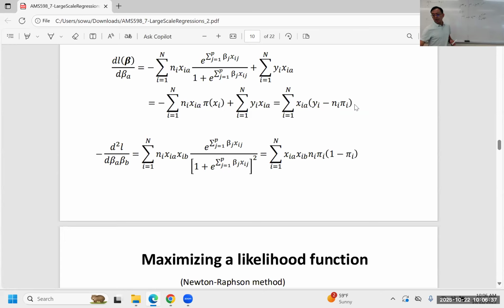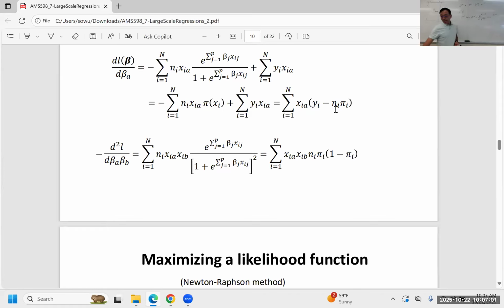Now, if you have pi_i^t, then based on the formula we gave here, notice x_i is the design matrix, which is given, and y_i is the response, which is either 1 or 0. n_i you also know; in this case, let's assume just 1. So if you know pi_i^t, then basically you know u_j^t, the first order derivative.